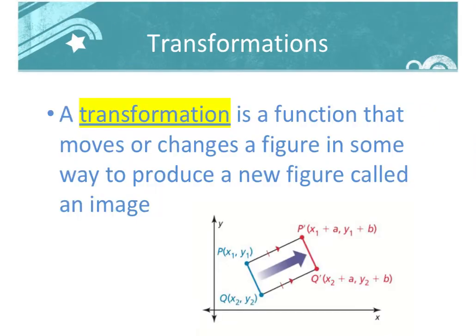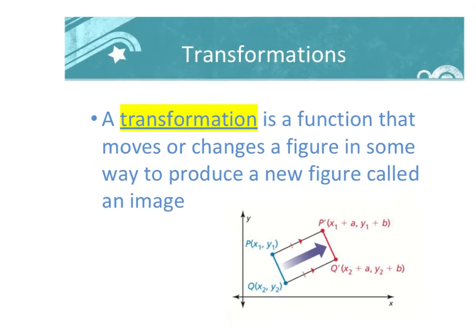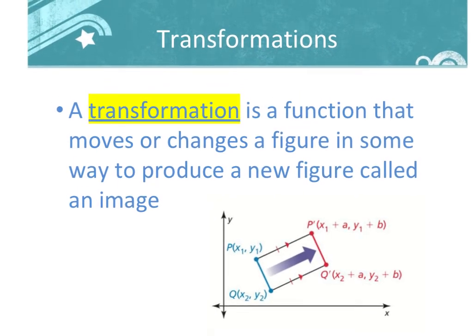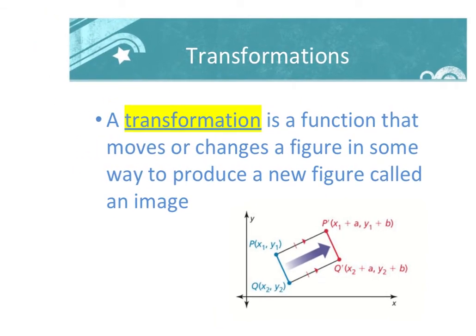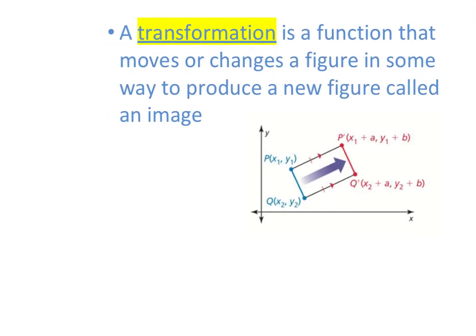Okay? All right, transformation. So let's go ahead and talk about our first transformation. A transformation is a function that moves or changes a figure in some way to produce a new figure called an image. And the first one we're going to learn about are translations.